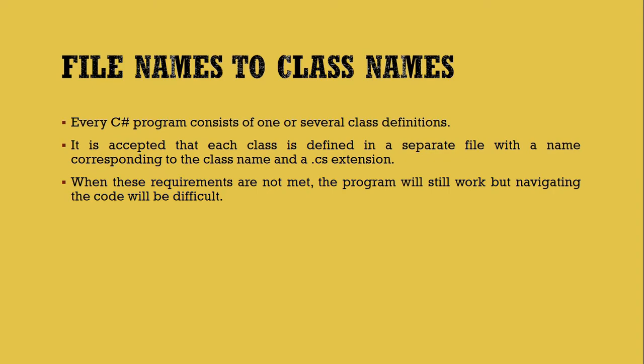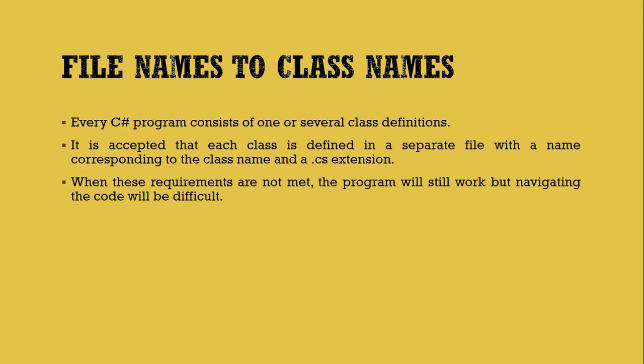The problem is navigating to use source code from one class to another class. Still, it's going to work even if you define several classes in the same file, but it is better and acceptable that each of your classes be defined in a separate file.